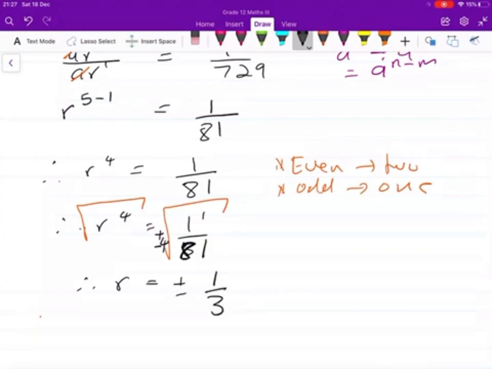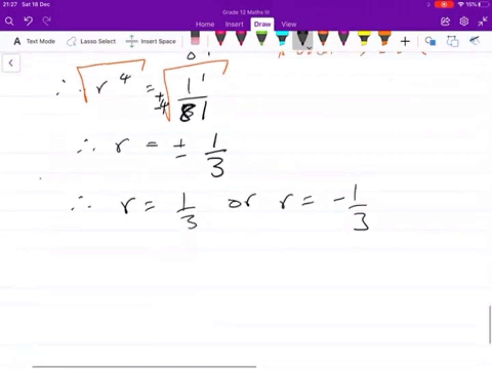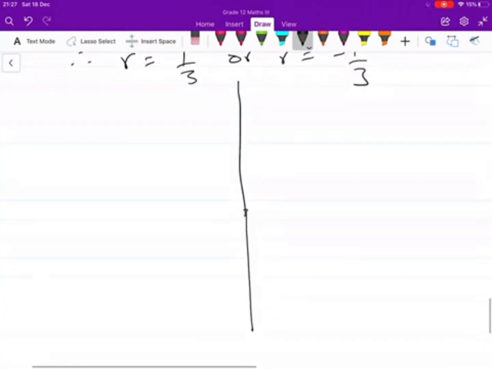And this is exponent 4 there. I hope you can see past my mistakes. So we have found the value of R. R can either be 1 over 3 or R can be minus 1 over 3. Very important. I will divide this page like this so that we see how we are going to apply this.